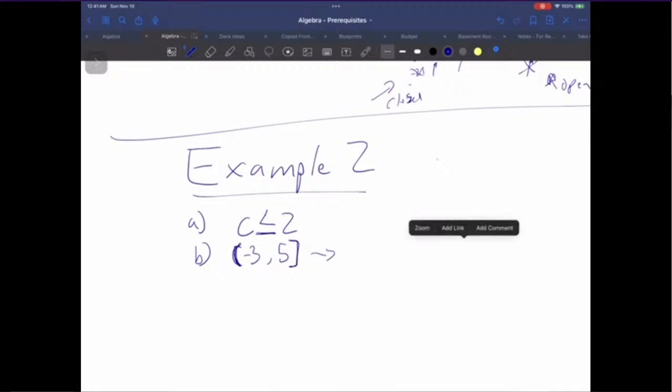That turns into -3, x, and 5. We know that those are involved. Because it is exclusive of the 3, the symbol is not underlined with an equality; we know it's going to be less than. But it is inclusive on the right side, so we know that it's less than or equal to 5.